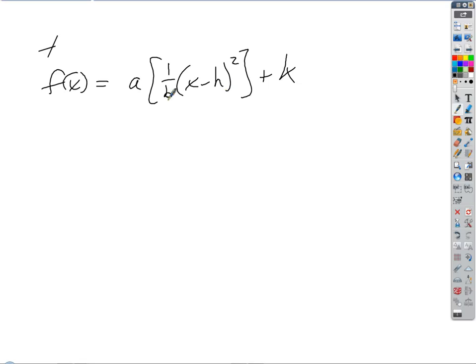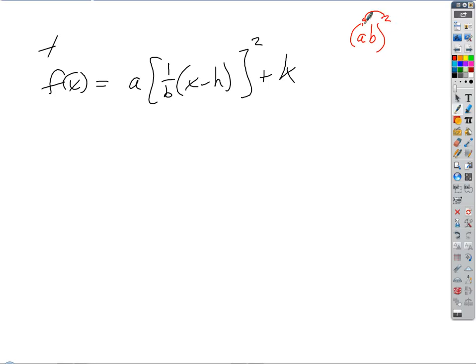But remember, these two we could link together, right? We said that a horizontal stretch or compression is identical to a vertical compression or stretch. How do we show that? If I split this apart, remember, we said that the quantity a times b squared could be simplified to what? A squared times b squared, right?